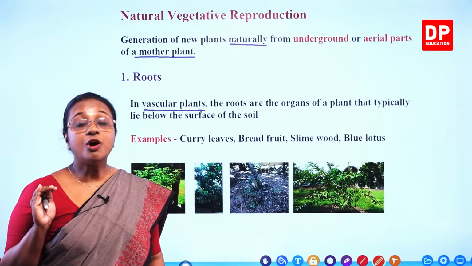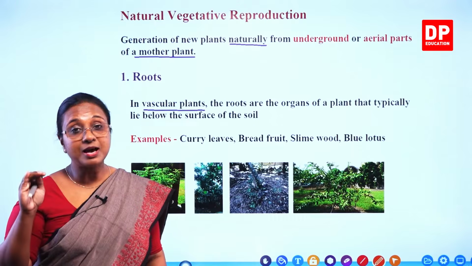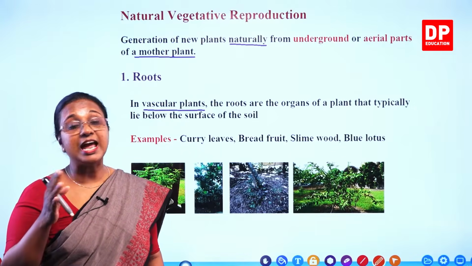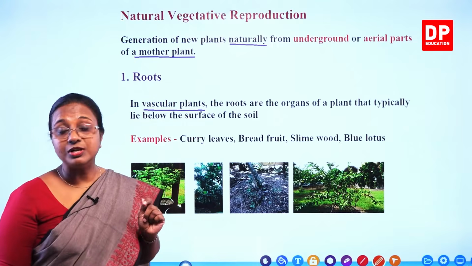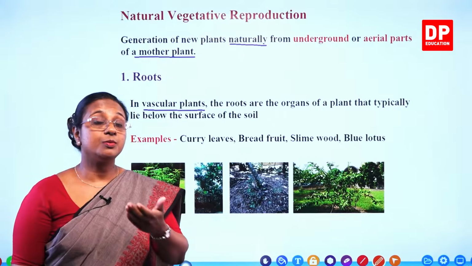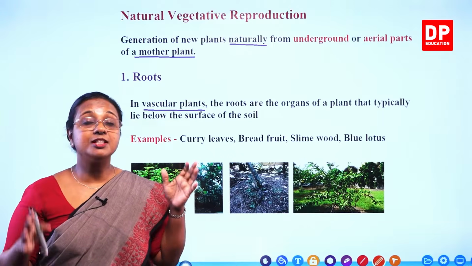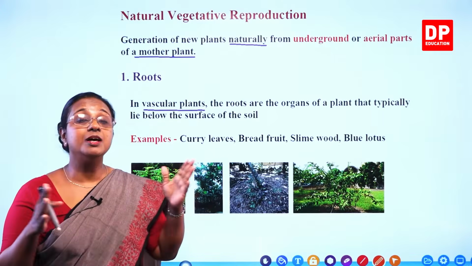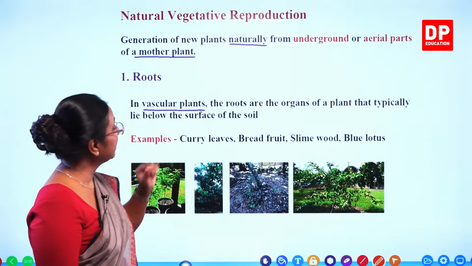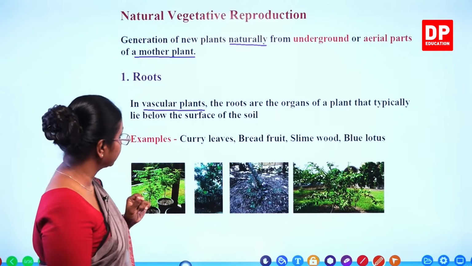Even in the non-flowering seedless plants, some plants, when it comes to ferns, there is tissue differentiation and they do have the vascular tissue. But in higher plants, the angiosperms, which are the monocots and dicots, there is a very highly developed vascular tissue. That is why we call them vascular plants.